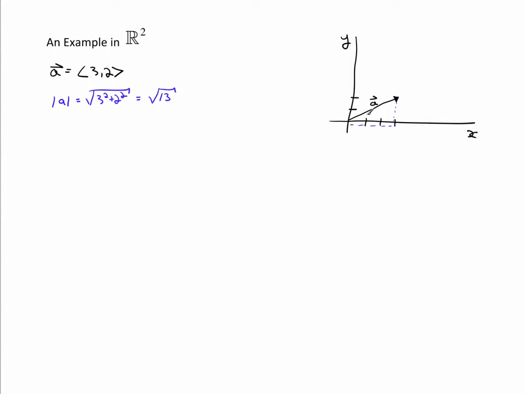And also, if I think of this angle here with the x-axis as being theta, I know that tangent of theta, just from basic trig, is y over x. So in this case, it's going to be 2 over 3. So if I actually need to know what the angle is, I could take theta as being arctan of 2 over 3 and actually get the angle.